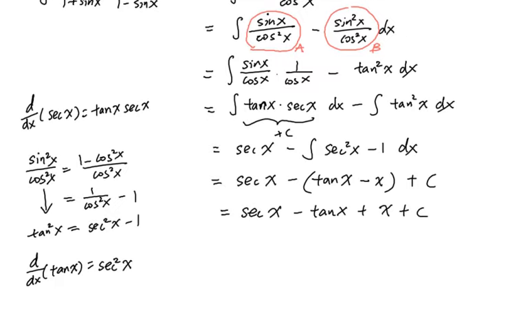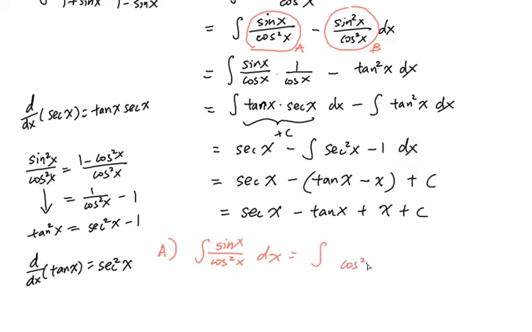We are trying to integrate sine x over cosine square x dx, right? That's A. This one is actually pretty simple, because if you look at the denominator, cosine square x, it's just a chain rule.